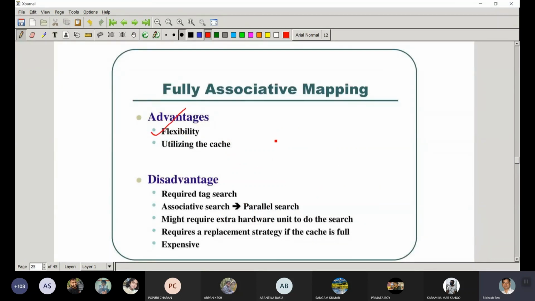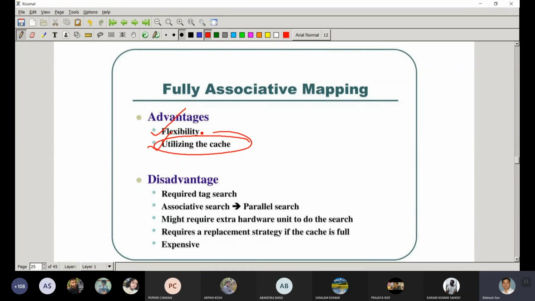It is so flexible that address translation becomes very quick because of the high-speed tag directory, since the entire M-bit main memory block number is converted to the tag bits. And it also utilizes the cache well, because due to conflict misses we sometimes find that spaces are there but we can't utilize them. Here there is a chance to utilize them.